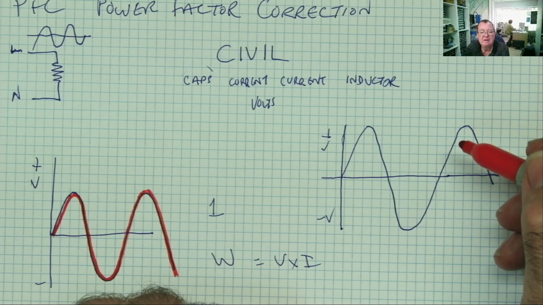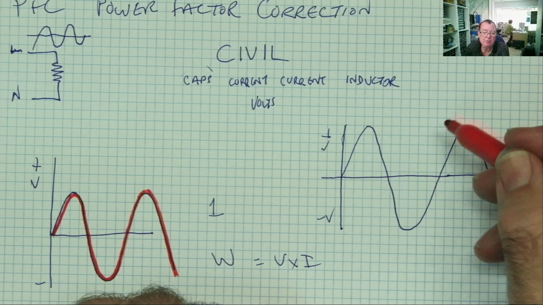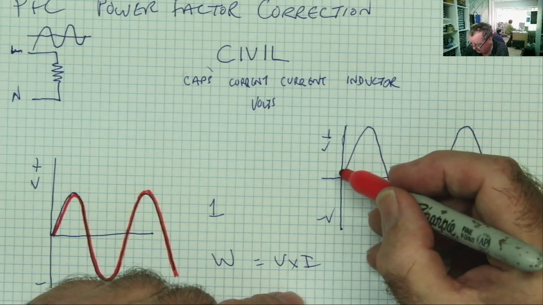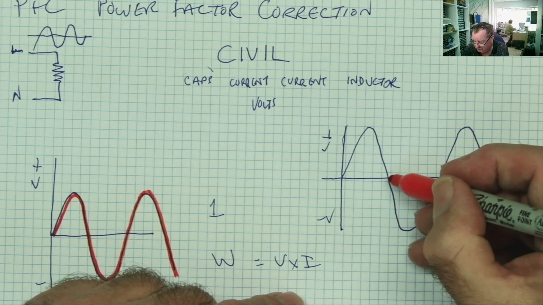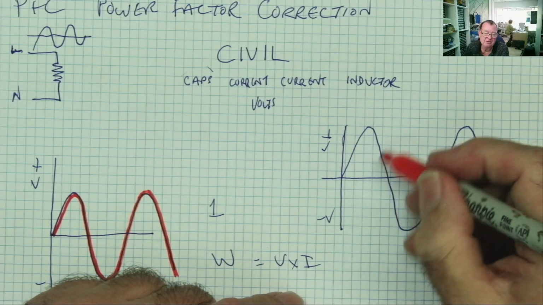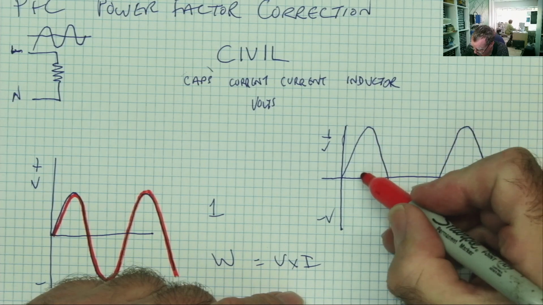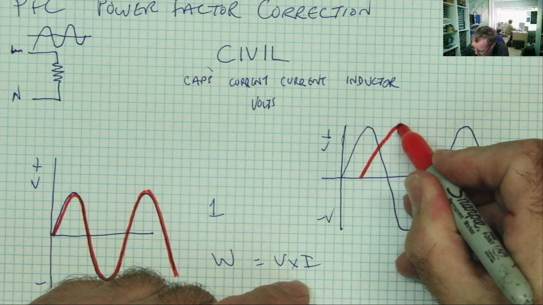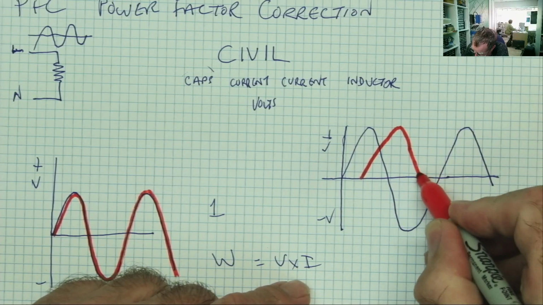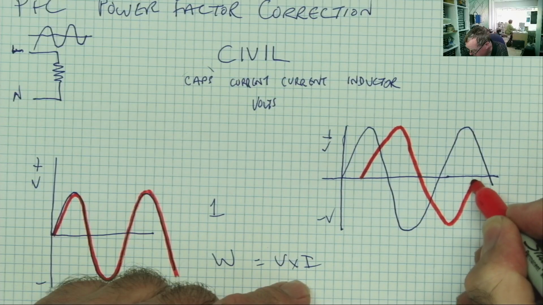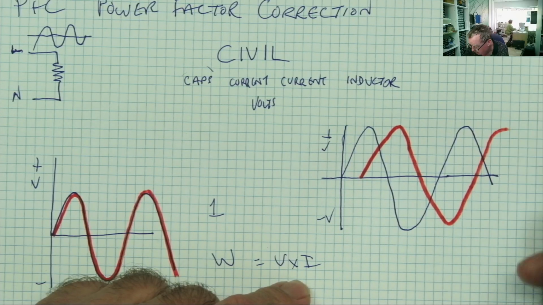And if we were going to do any maths, which we're not going to do, you will find, or just remember, that the current is 90 degrees out of phase. So this is 0 degrees, this is 180 degrees when it's upside down, back to 0, and in between is 90 and 270. So the current starts to flow here. Okay. This is so difficult to draw and keep it looking like it should do. Okay, there you go.